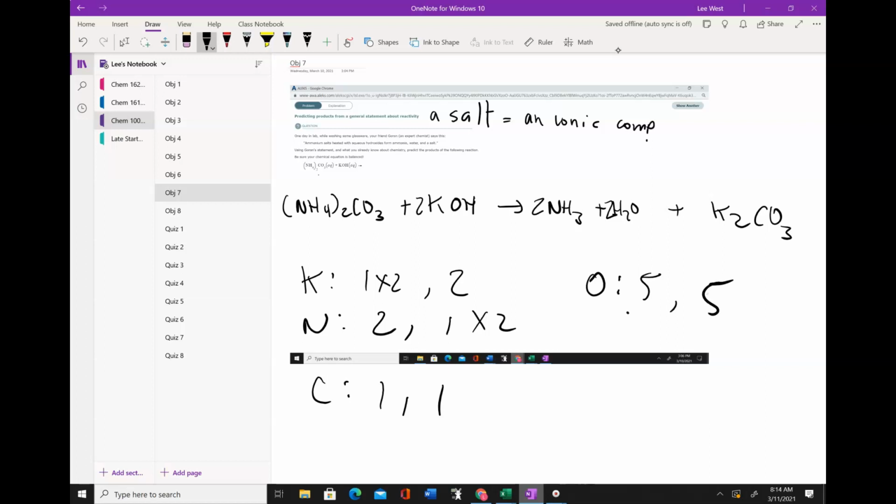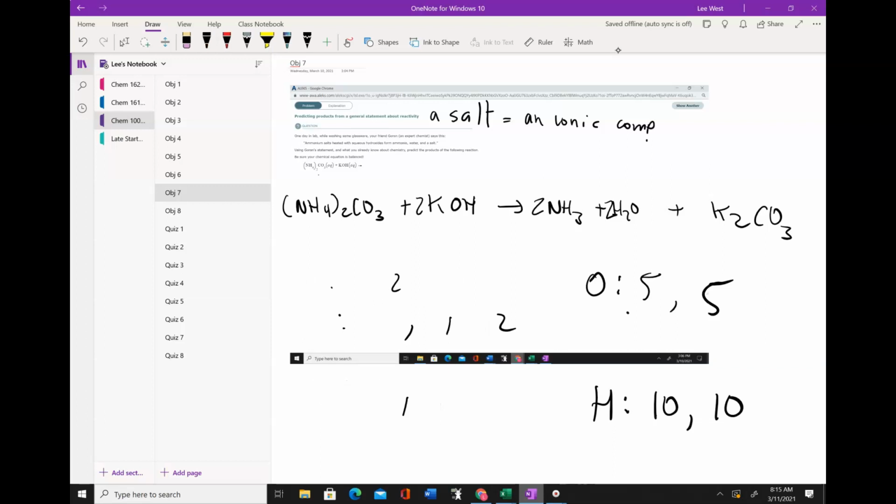And let's see where we are now with hydrogens. I've got 2 times 4, that's 8, plus another 2, that's 10. And then over here, 2 times 3, that's 6, and then 2 times 2, that's 4, so that's another 10 as well, so that's balanced. Relatively complicated. 1, 2, 2, 1 are my coefficients there.